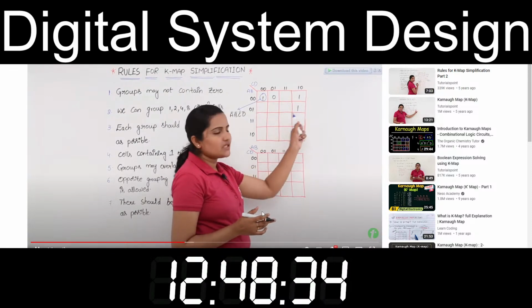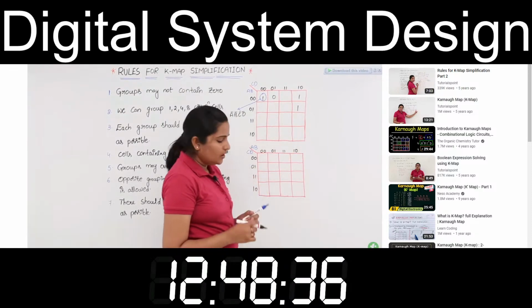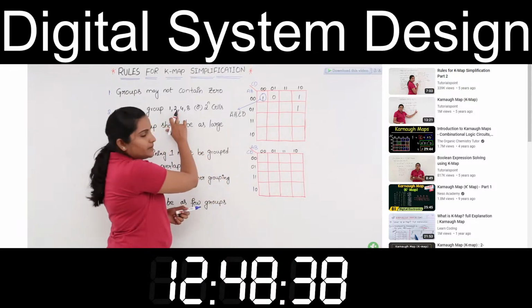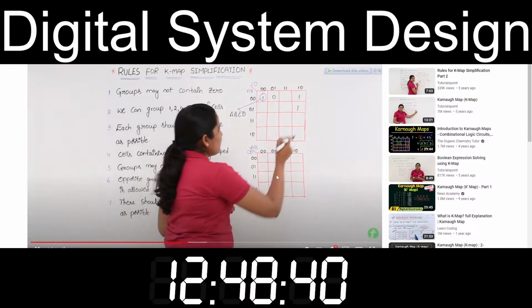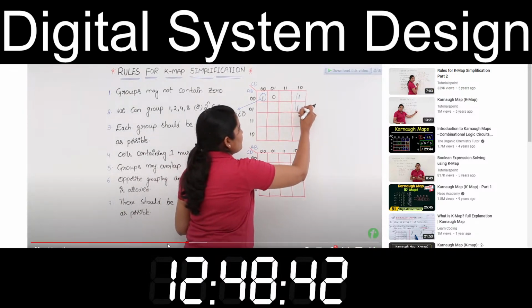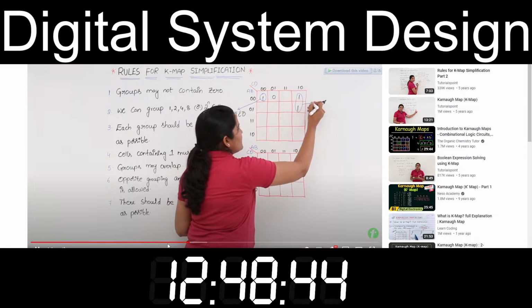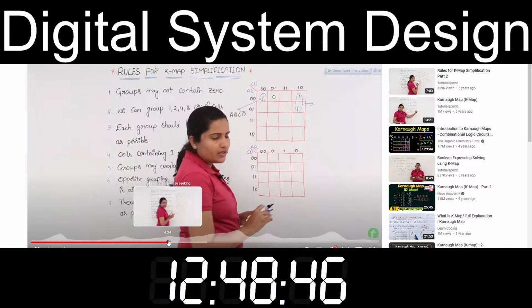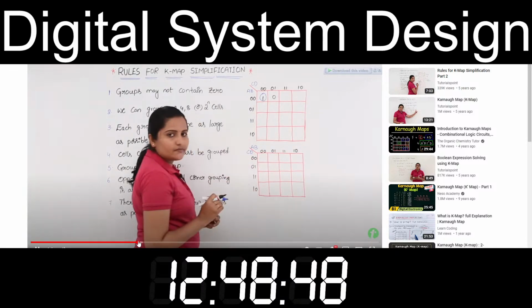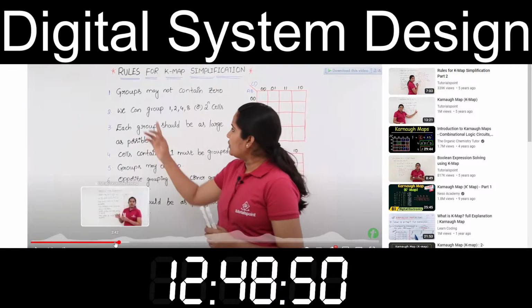If you are having ones like this, then you can group a double. So that means you can group like this. So the value of this prime implicant is given in this first example.